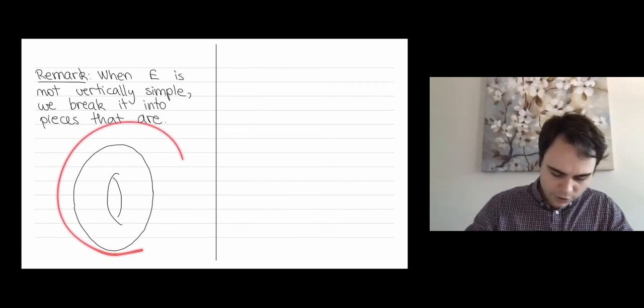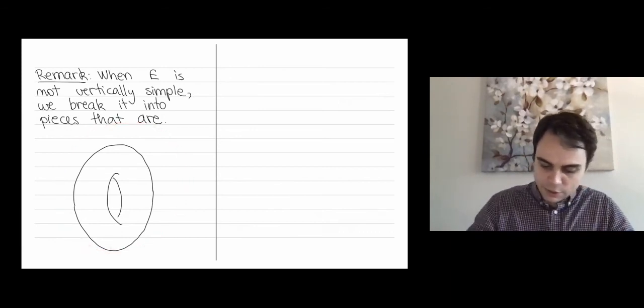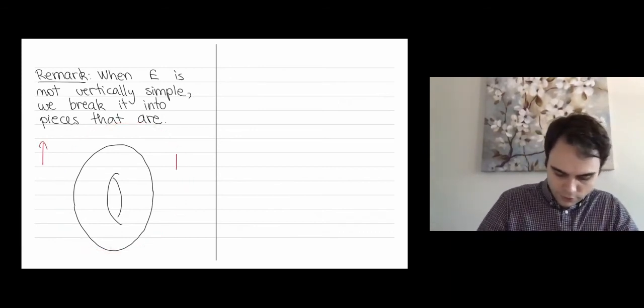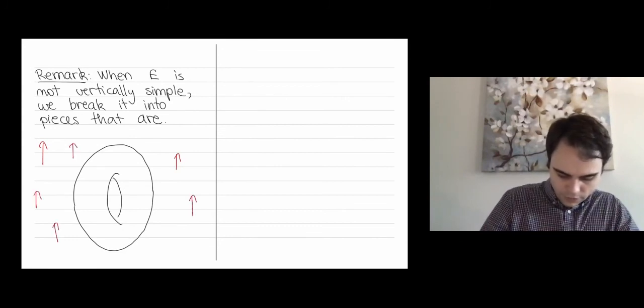So here's a picture that does not satisfy this. Let's suppose we have a vertical vector field, like before.